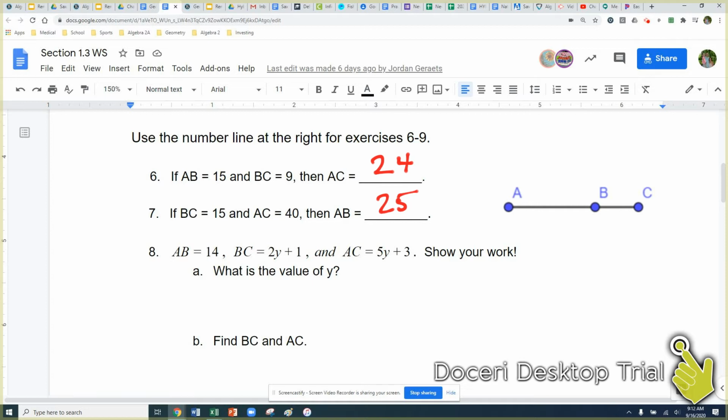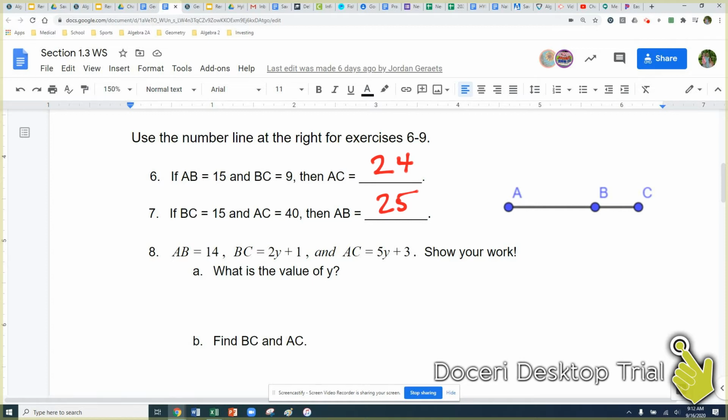Now we'll move into number 8. So we start to integrate some algebra into our geometry. Now all of our algebra is just going to be very basic single variable algebra. So number 8 says AB is 14. So here's a time where you see AB. Is there a symbol above it? No. So this is representing a measurement.